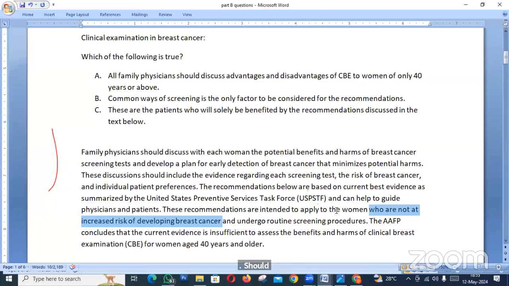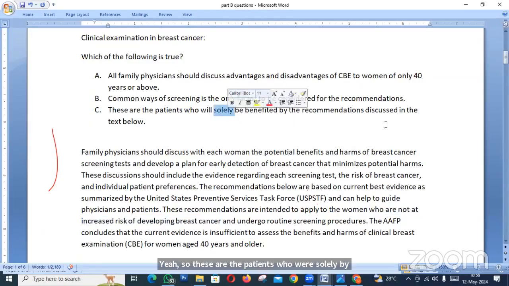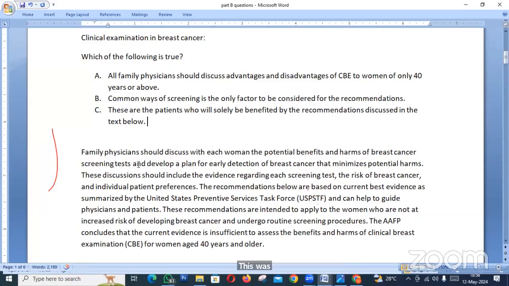So these are the patients who were solely benefited by the recommendation discussed in the text below. No, this was also partly wrong. They will only benefit from the recommendation discussed below. You should discuss with each woman the potential benefits and harms of breast cancer screening tests and develop a plan for early detection of breast cancer with minimized harms.